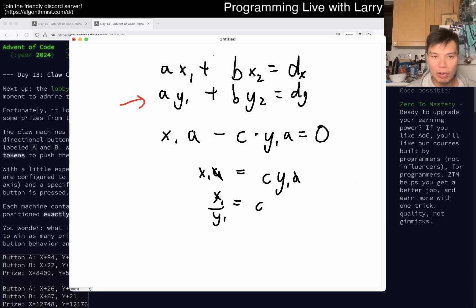Well, then you get A times x sub 1 plus B times x1 y2 over y1 is equal to dy times the same thing, x1 over y1.